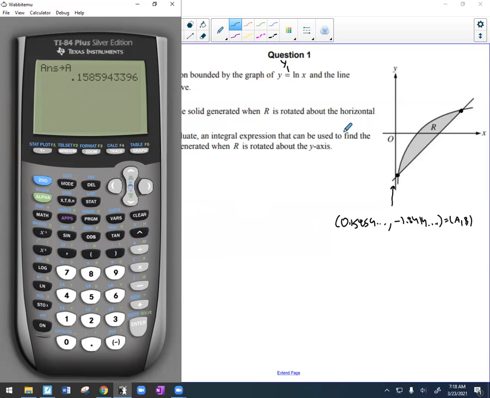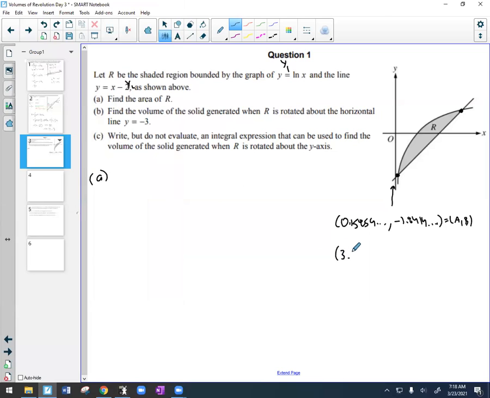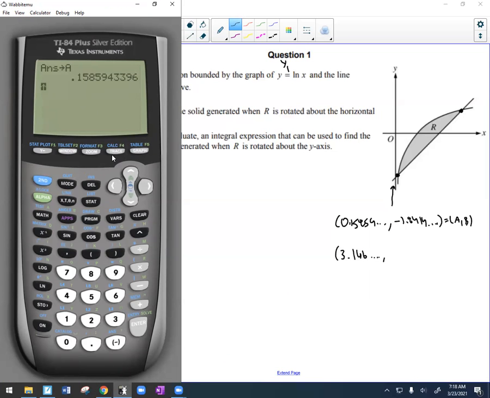If I do the same thing for the other intersection, I get 3.146... and then 1.146, blah, blah, blah. I did this earlier, so I'm just going to do it again.